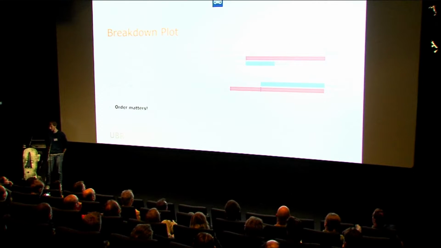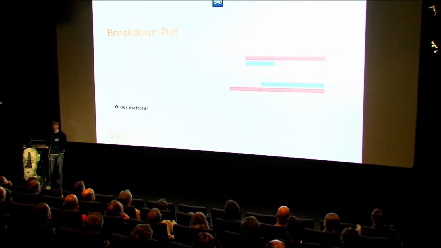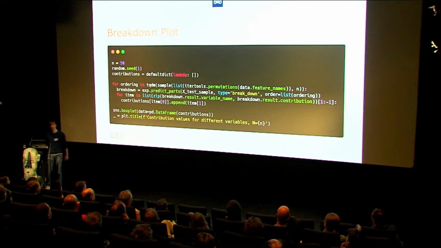And that brings quite a difference in the breakdown plot, actually, because for the first, the contribution of latitude is minus a half, and for the second, the contribution of latitude is minus 1, which is way bigger. So that's quite problematic for breakdown plots, that we do not really get one value that quantifies the contribution of that variable to the prediction.